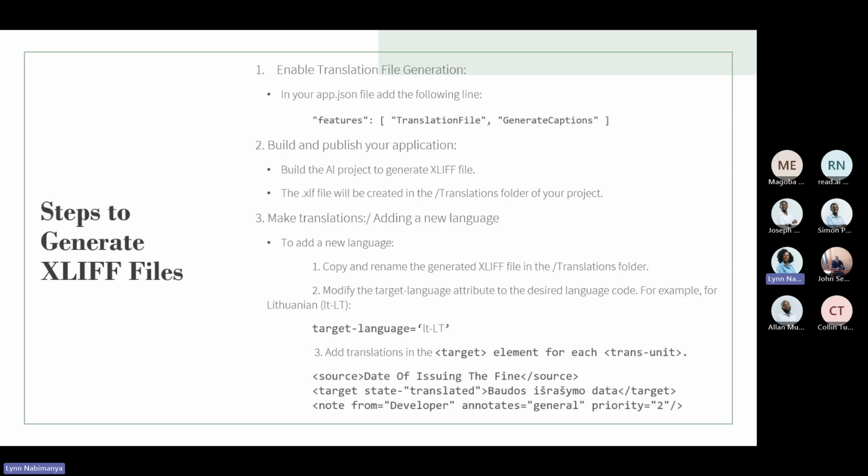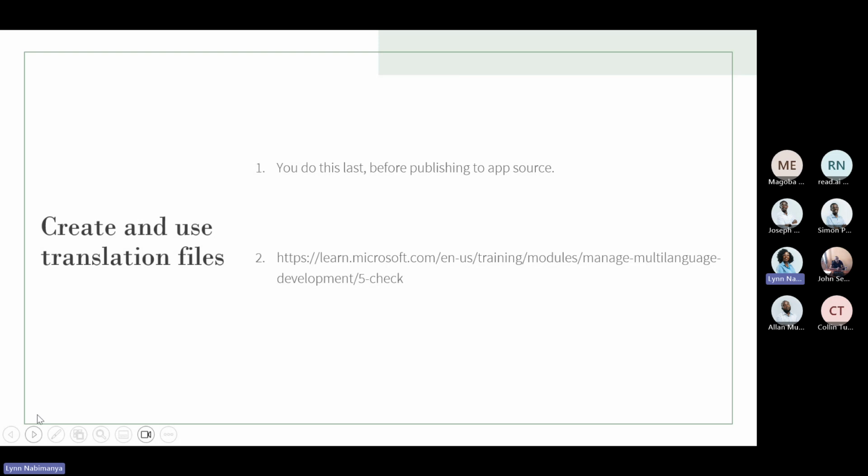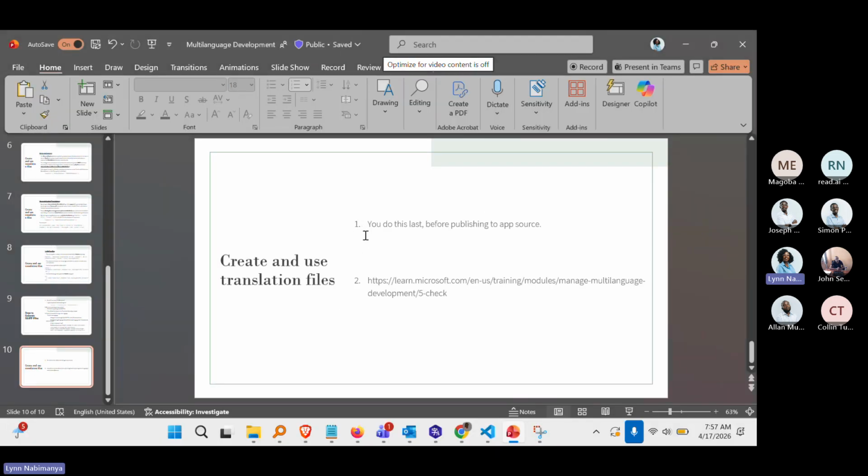So all you are doing here is changing this line number 3 to update it with the Lithuanian way of saying the date of issuing the fine. So we're going to take a look at that now.